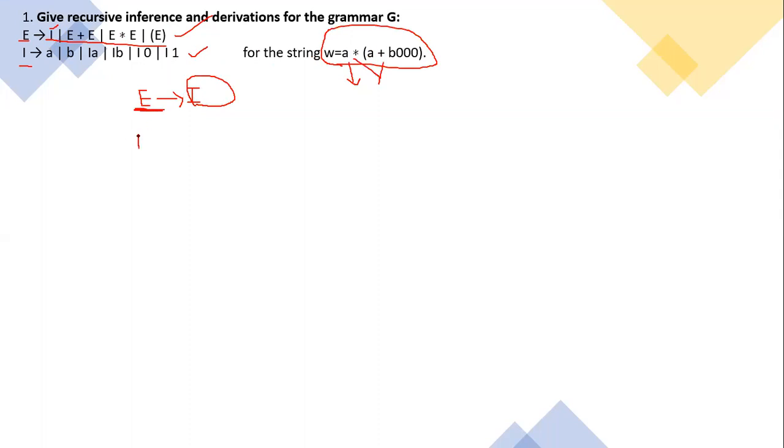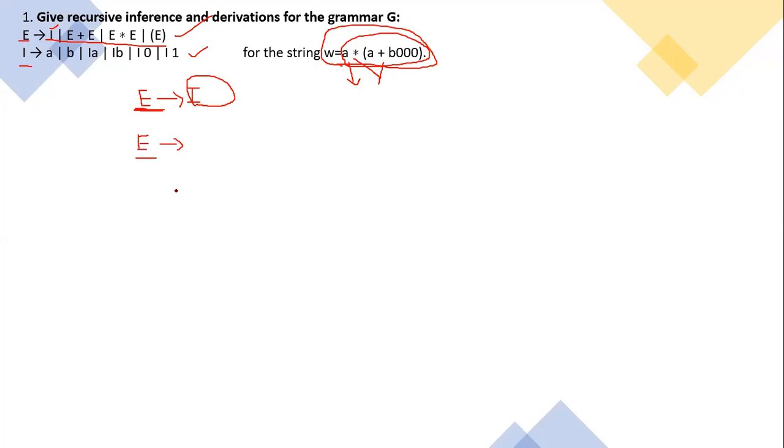I start with the start symbol E, and I can give any production of E first. Compare with the string and find a suitable production.